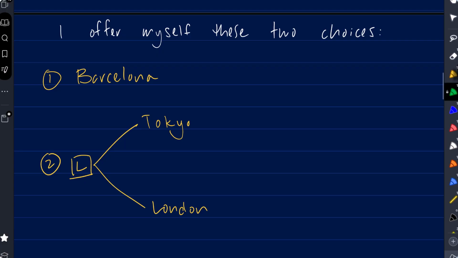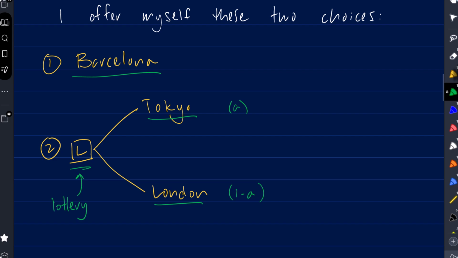One is just taking the trip to Barcelona. If I choose number 1, I would just get that. Or I enter a lottery. That's what the L stands for. If I enter the lottery, then I have some probability, we'll call that A, of getting my most preferred outcome, the trip to Tokyo, and some probability, 1 minus A, of getting the trip to London.